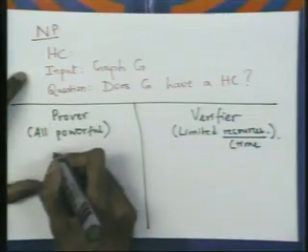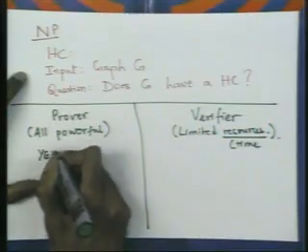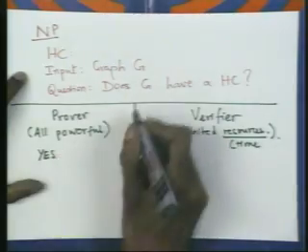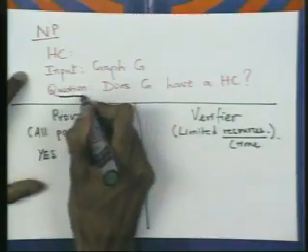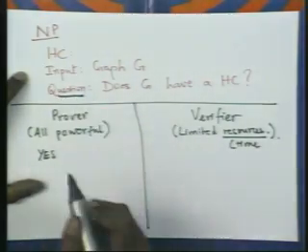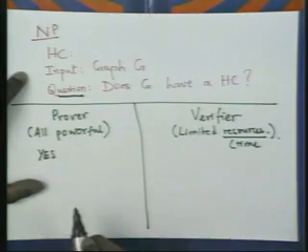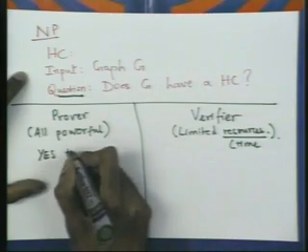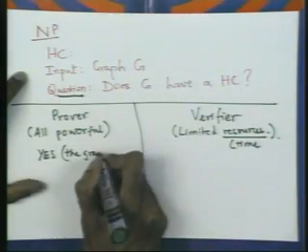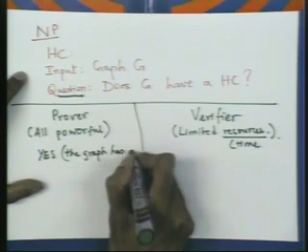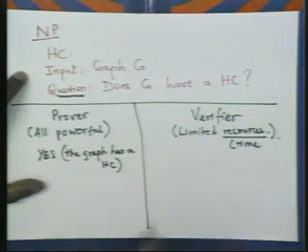Okay, so let me just write this conversation between the prover and verifier down. So the prover says yes. So this yes is an answer to this question above. Okay, the yes here is an answer to the question, does G have a Hamiltonian cycle? The prover says yes, the graph has a Hamiltonian cycle.